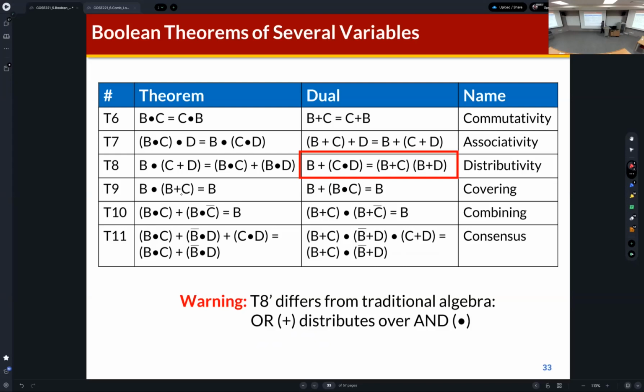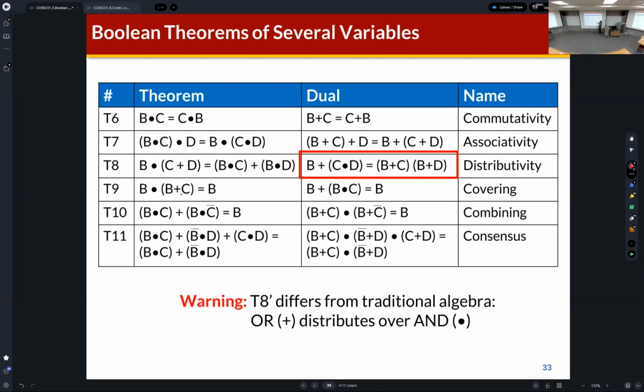I mentioned that you are very familiar with the distributivity theorem, but this one is not familiar, right? It's different from our normal algebra theorems. But I mentioned that this is just OR, not plus, not AND.